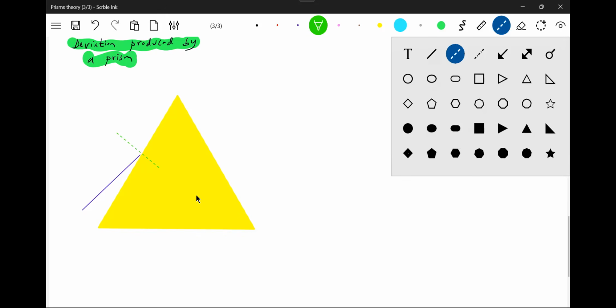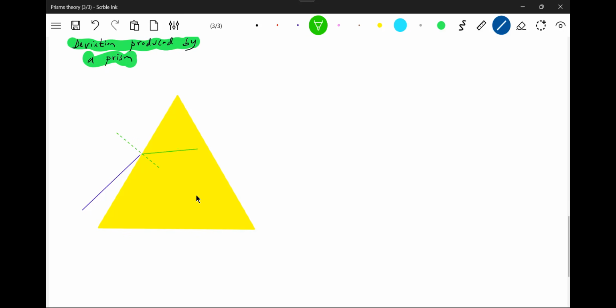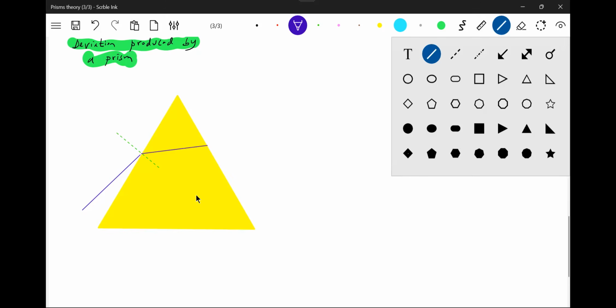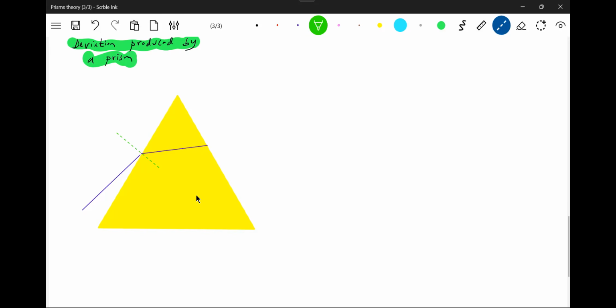After refraction, this is the incident ray, this is the refracted ray, and this is the emergent ray. This is the angle of prism A. Now let's get into that one.